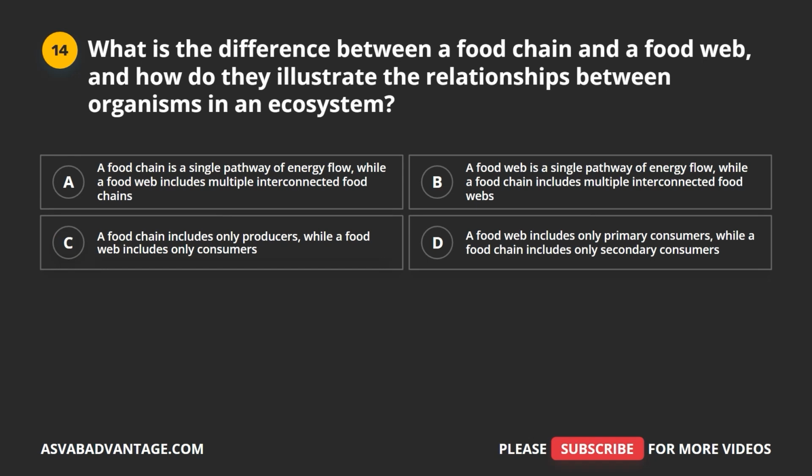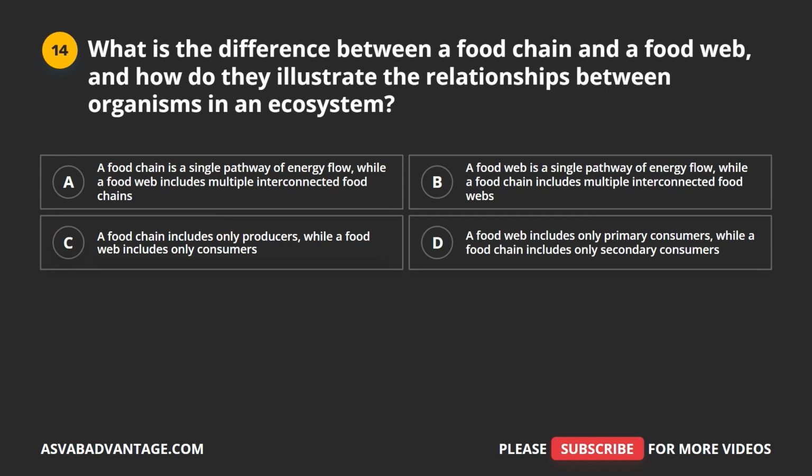B. A food web is a single pathway of energy flow, while a food chain includes multiple interconnected food webs. C. A food chain includes only producers, while a food web includes only consumers. D. A food web includes only primary consumers, while a food chain includes only secondary consumers.